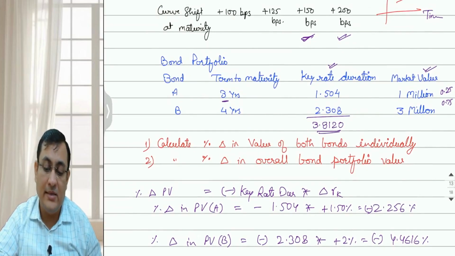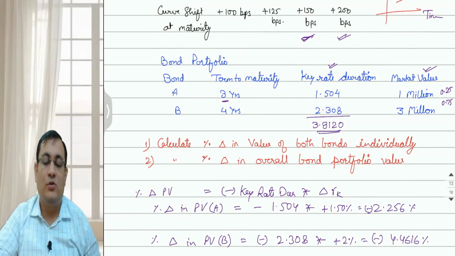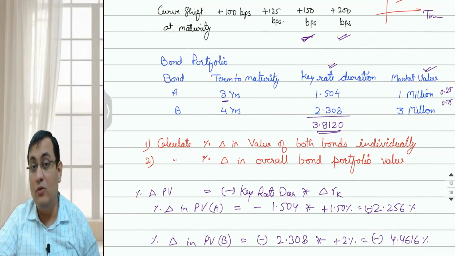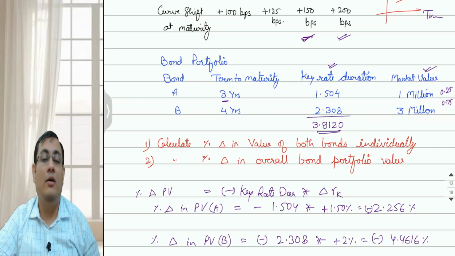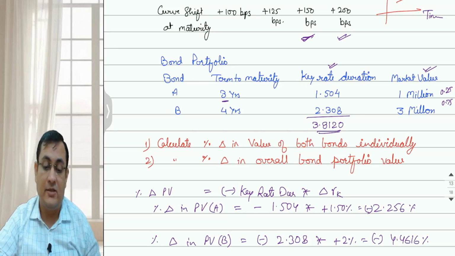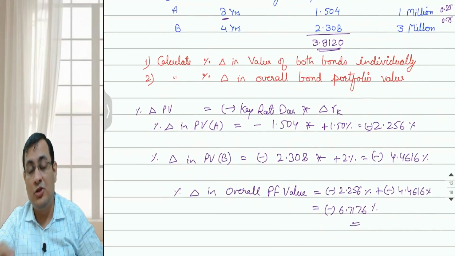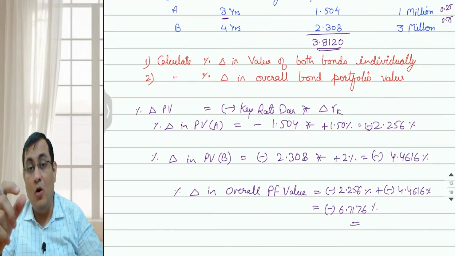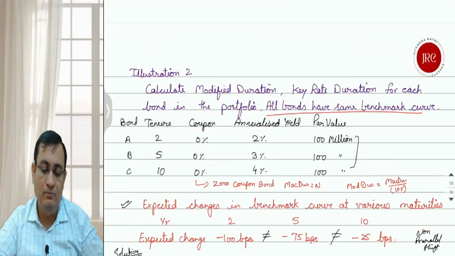We can minimize the loss by shifting from bond B to at least bond A. So I hope everyone understood how key rate duration is a very critical risk measure for fixed income investors, because it helps us identify shifting of the bond portfolio from one investment to another.